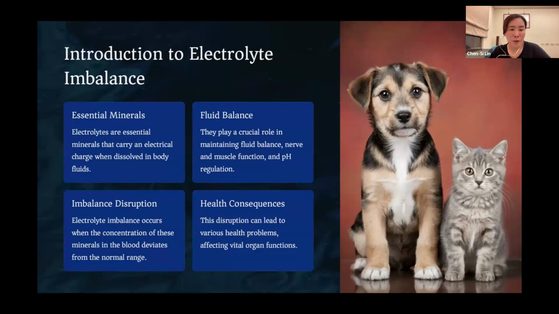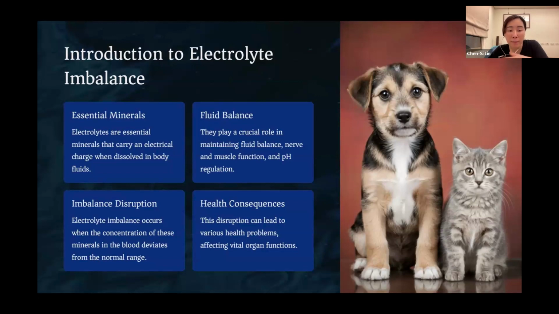Later, we will also introduce that if imbalance of these electrolytes occurs, it will result in acidosis or alkalosis. So these minerals, these electrolytes, need to be maintained in the normal range.